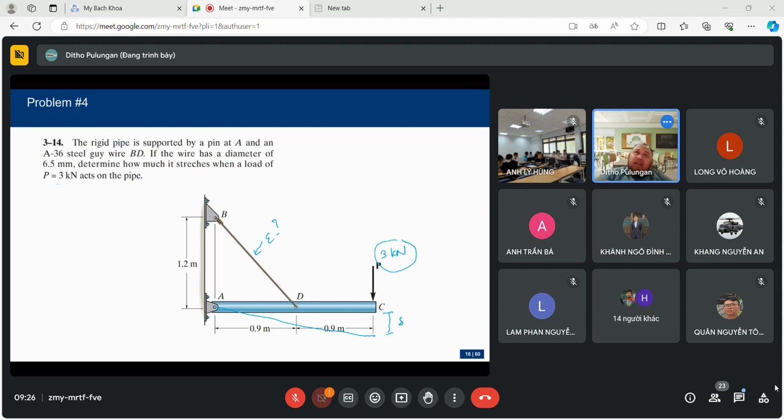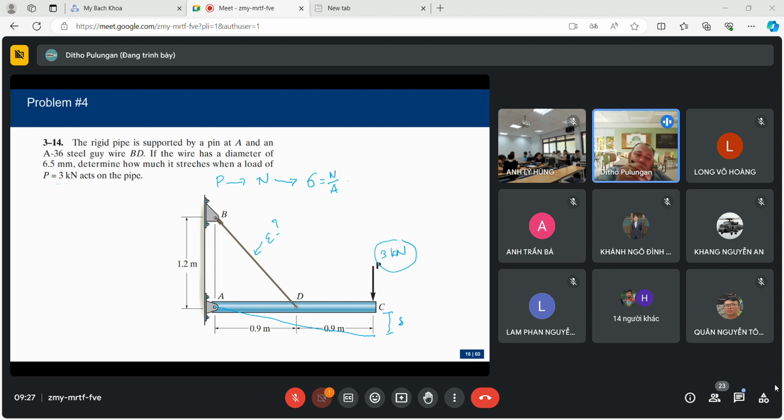Can someone tell me? So first, if you know the load, how do you calculate? You calculate the N. What is N? N is the internal force. Once you know the internal force, you calculate the stress, which is N divided by A, the stress of this member, right?